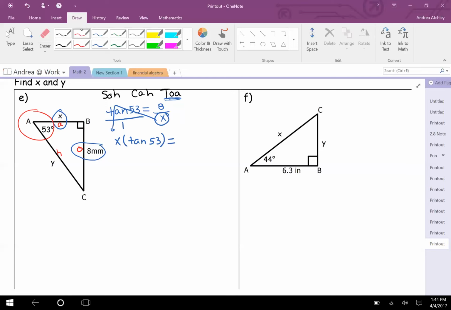Then you're going to do 1 times 8 and get 8. My x is still not by itself yet. So I have to now divide. I want to get that x by itself, so I have to divide by the tangent of 53.